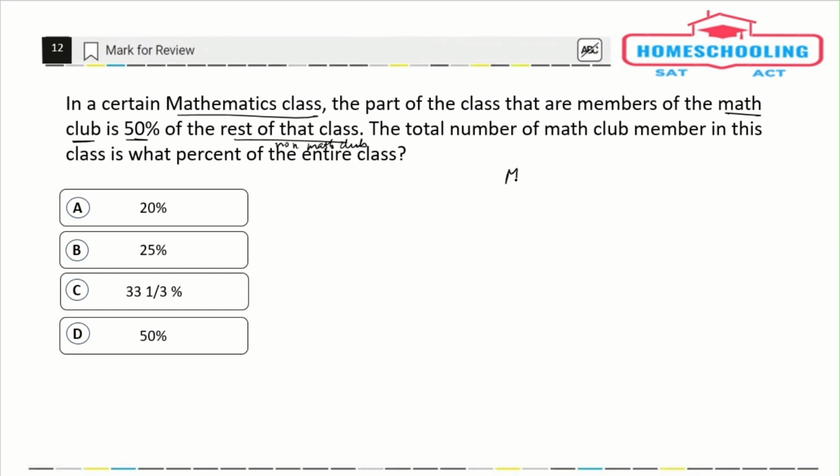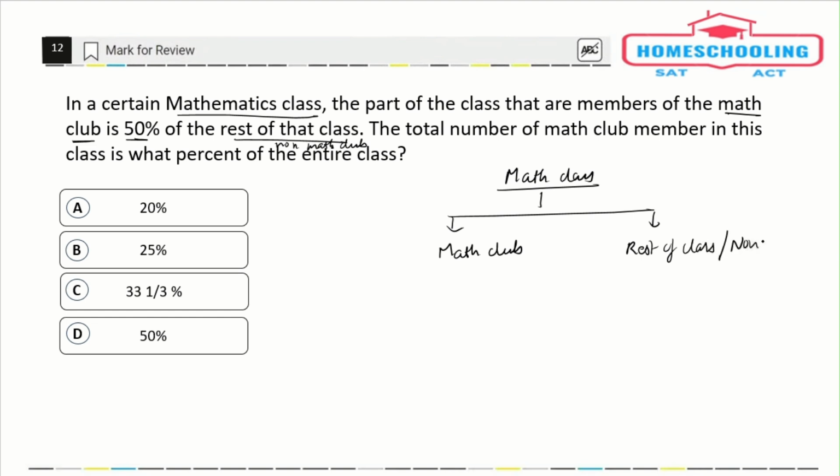So let's take this as a maths class, and from here we have two parts: maths club members and the rest of the class, or non-maths club members.